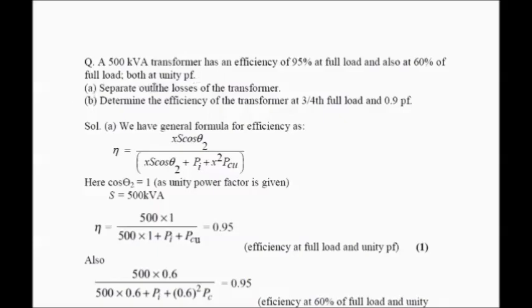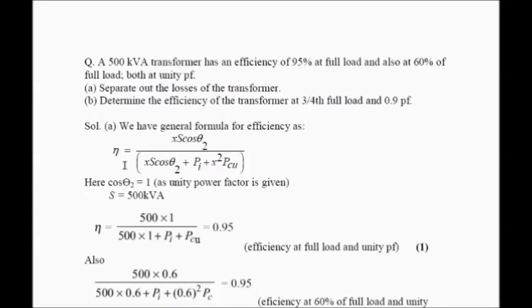You have to separate out the losses of the transformer and determine the efficiency of the transformer at 3/4 full load and 0.9 power factor. So from this question, it is given that the transformer's efficiency is 95% at full load and also at 60% of full load.